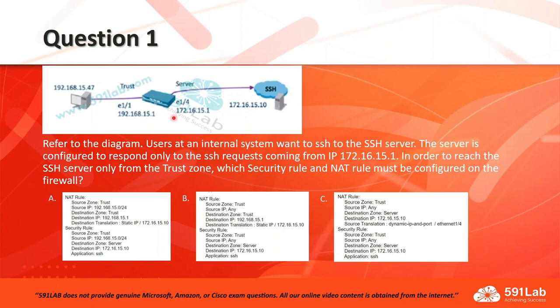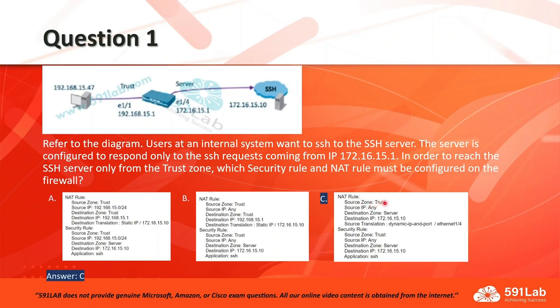With the NAT rules, we can translate the source IP address coming from the client to the allowed IP address, which is interface Ethernet 1/4 with the IP address 172.16.15.1. So the answer for this question will be C, using the NAT rules as follows.